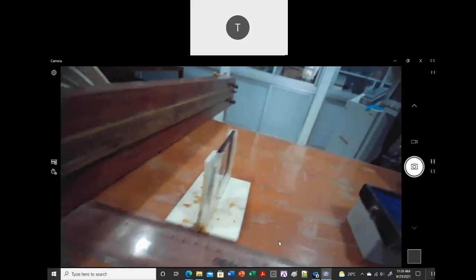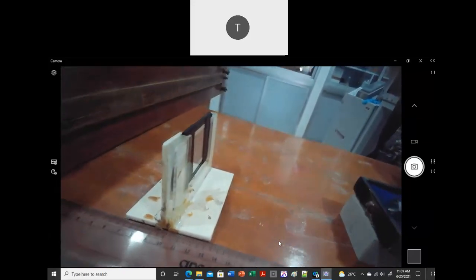Now you switch on your laser, and once you switch it on, you see spots. Actually, you are able to see only the first spot. The second spot is somewhere here, very, very faint, so you may not even be able to see it.